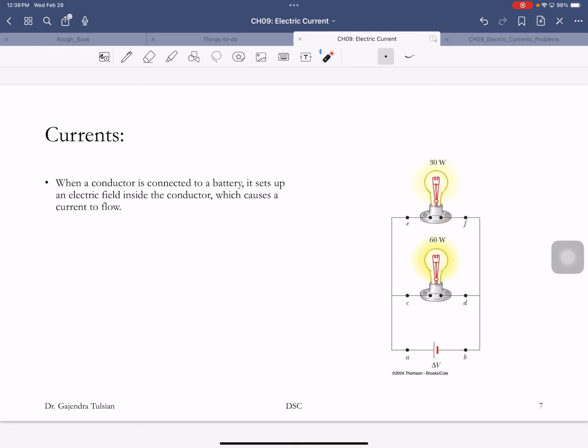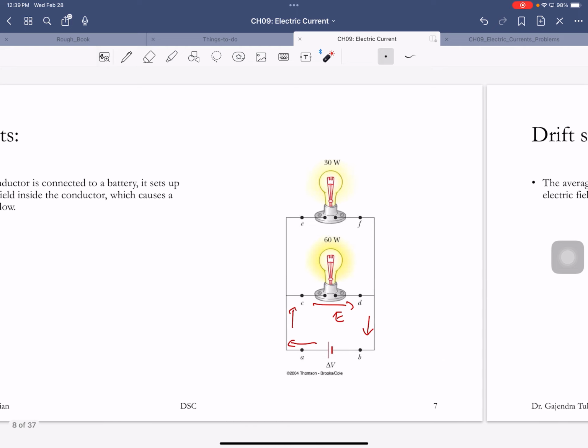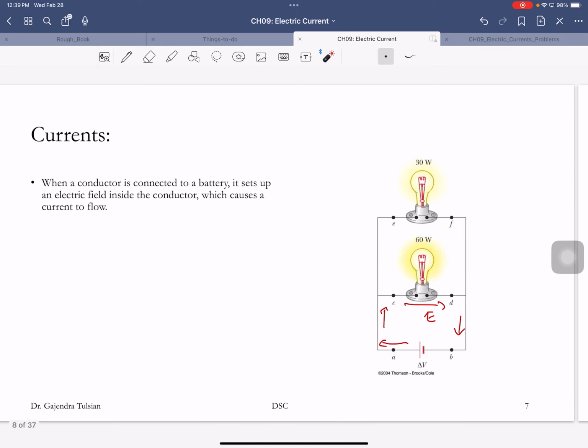When you connect it to a battery, the battery establishes an electric field in the conductor, and now the charge is moving in response to the electric field. So that's what happens. You guys remember that?